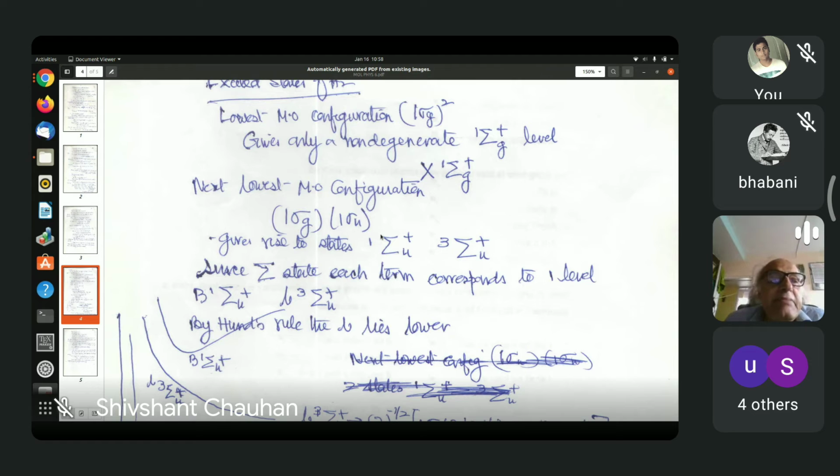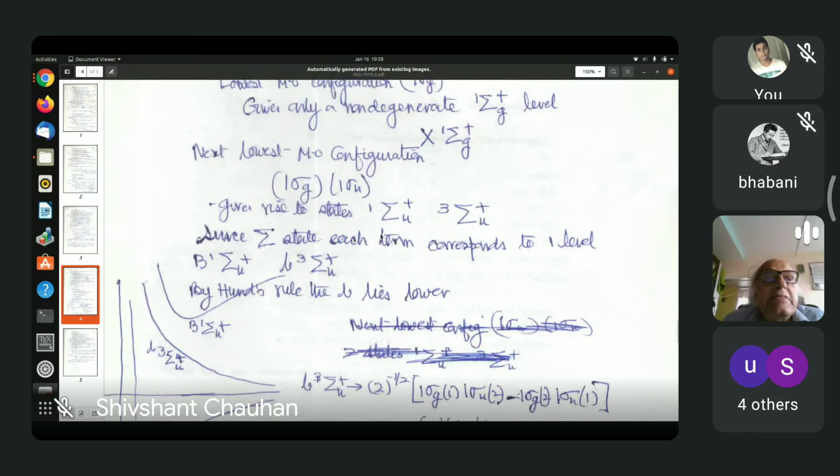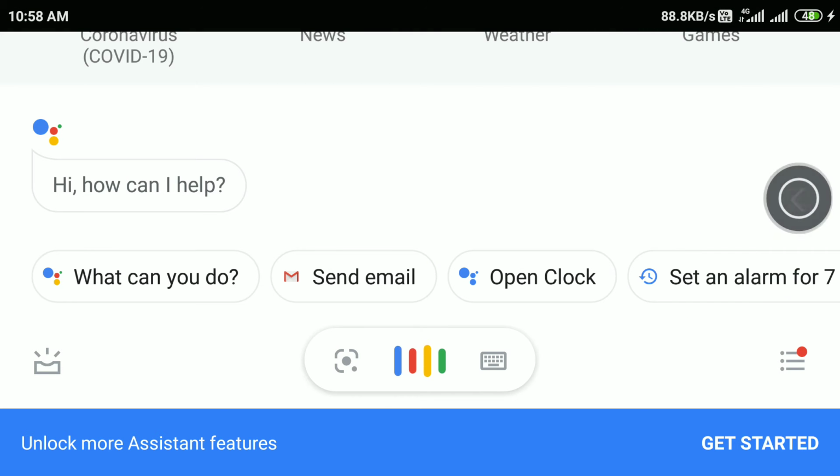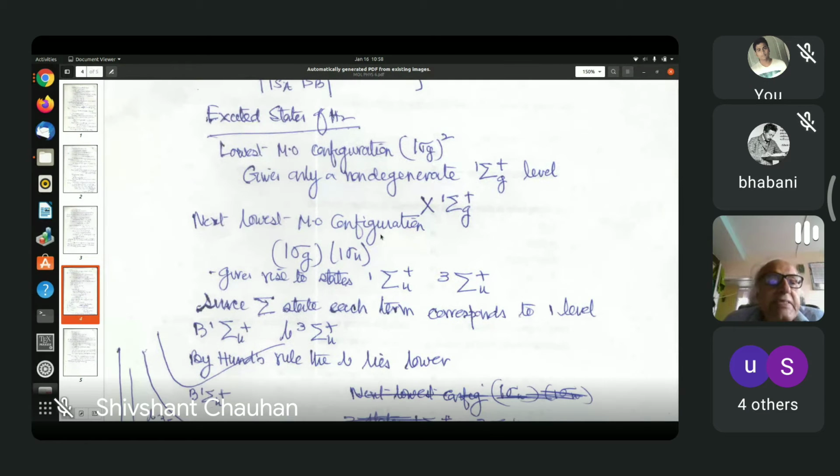It gives rise to a sigma U state. And because there are two different orbitals involved, these U states can be singlet or triplet. So this second lowest molecular configuration 1 sigma G, 1 sigma U gives rise to two different U states. Both are sigma, but one of them is singlet and another of them is triplet.